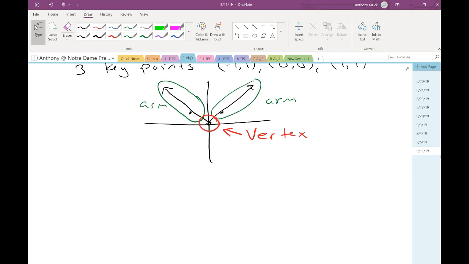So, let's say that I wanted to graph y equals the absolute value of x plus 1 minus 3.